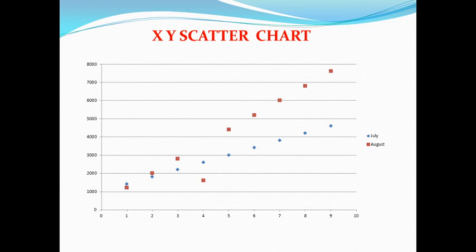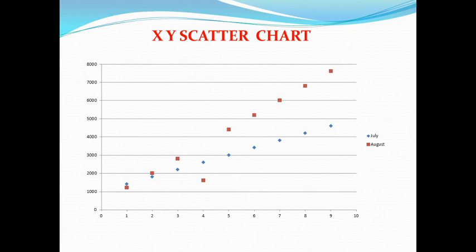Now let's see the next chart. It is the XY scatter chart. This chart has two value axes. One set of numerical data is displayed along the horizontal axis and one set is displayed on the vertical axis. So we have the vertical y-axis and the x-axis. The x-axis is usually assigned to the independent variable and the y-axis becomes the dependent variable.